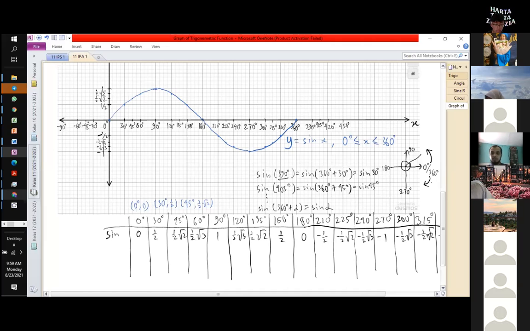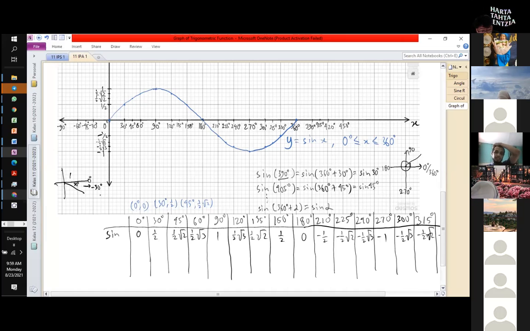This is for negative angle. So for example, if you have negative 30 degrees, it will be something like this, yeah. So this is 0. If you go negative 30 degrees, you go 30 degrees clockwise, yeah. So this is negative 30 degrees, which means it's on the fourth quadrant.